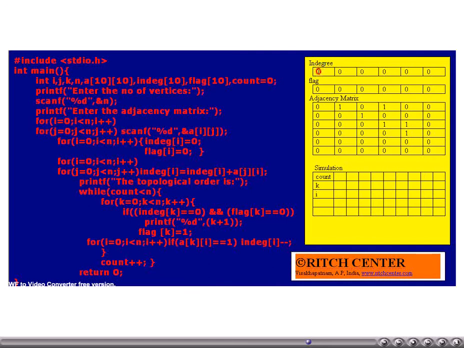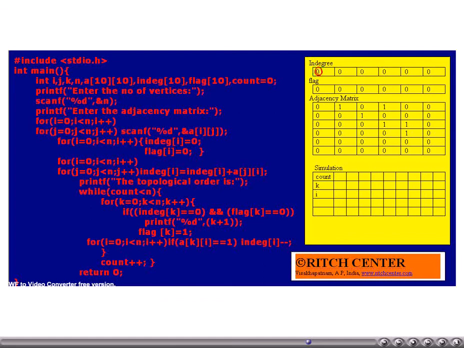Once we find such a node, we'll print its index value and we'll set its flag to 1.